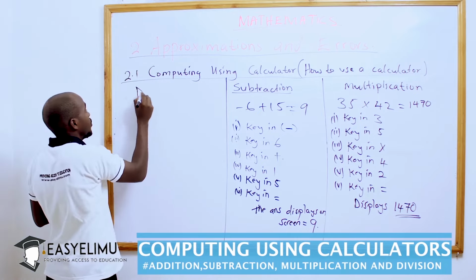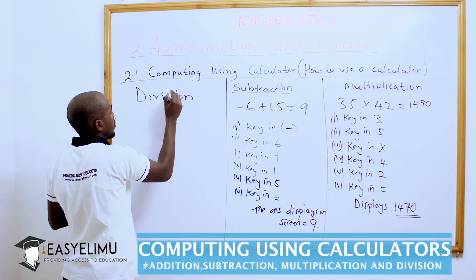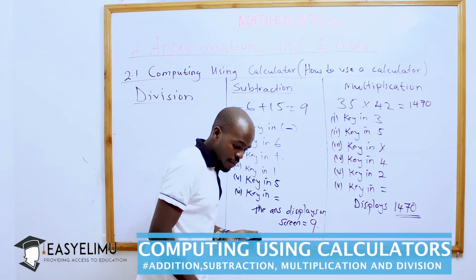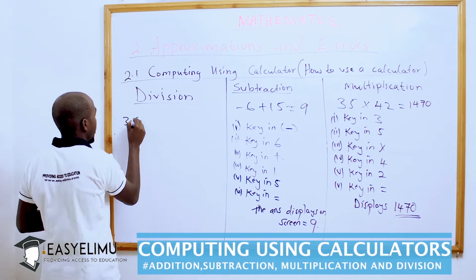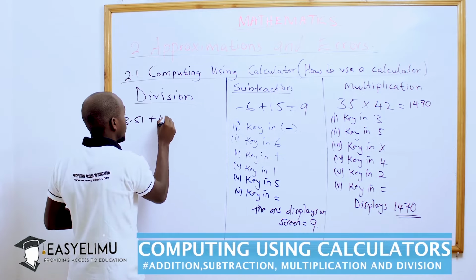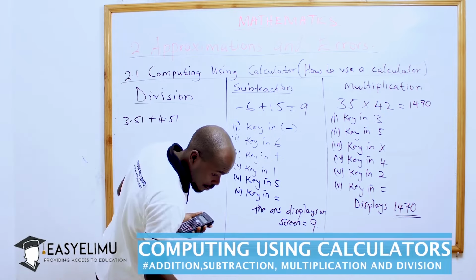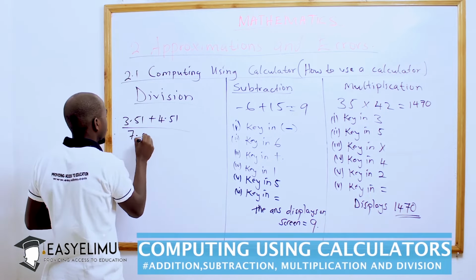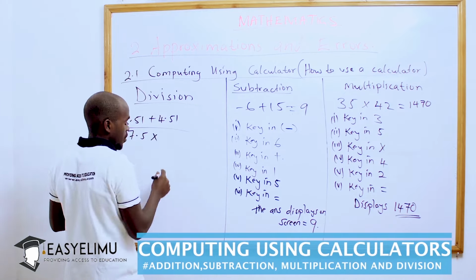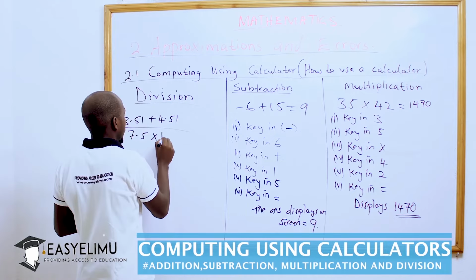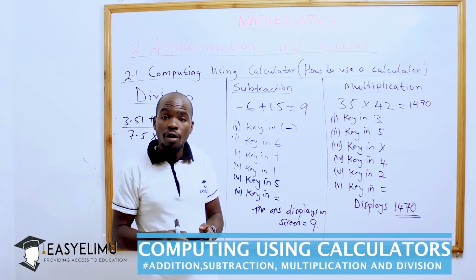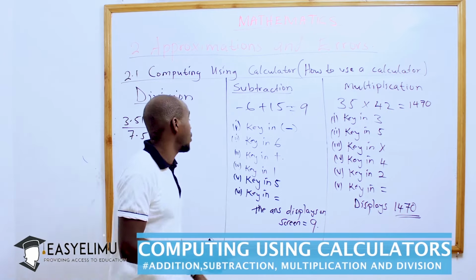For division, let's take for example an expression like 3.51 plus 4.51 over 7.5 multiplied by 1.28. Here it's like we have combined several of them and we need to calculate them using a calculator.